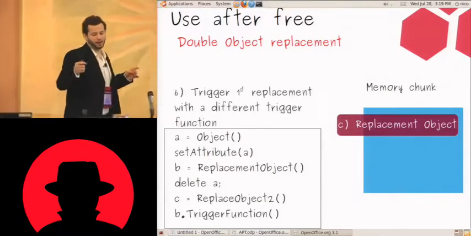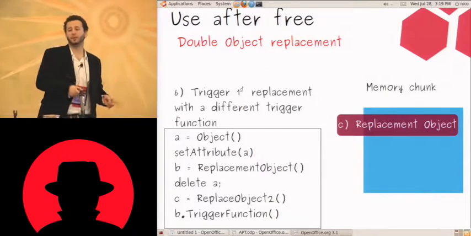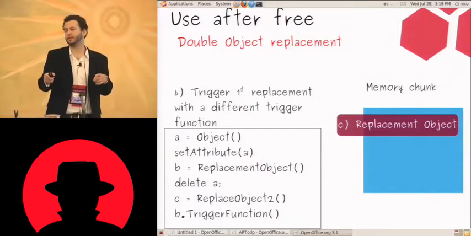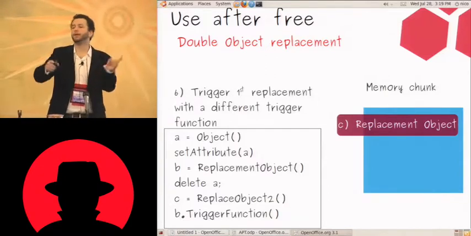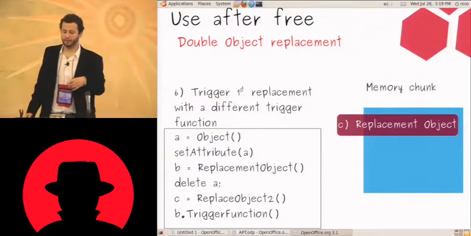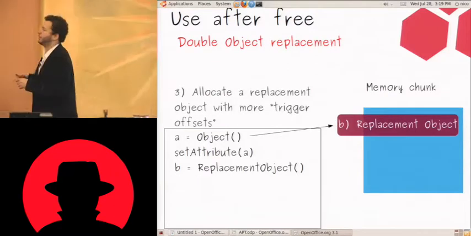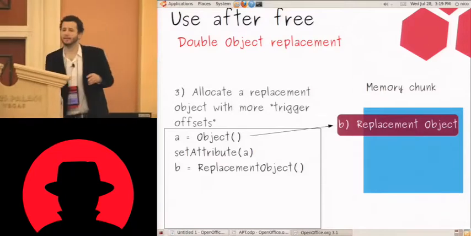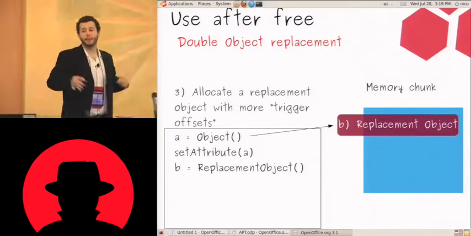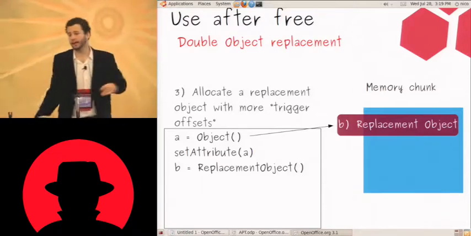And the interesting part is when you actually use B, which is the new replacement object, in order to trigger more stuff. So basically, what we are doing is pulling a use after free on B, and B is an object that we know has more triggering offsets than the original one.